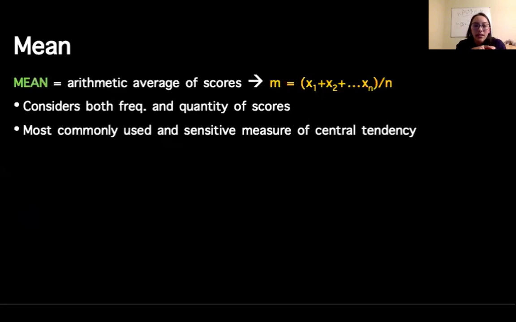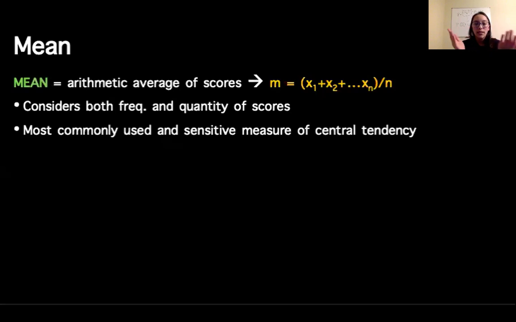And the nice thing about the mean is it considers both the frequency and the quantity of scores. When we look at the mode, we look at what's the highest frequency, right? If a number keeps showing up in a rank order of data, our mean is going to centralize towards that value, okay?